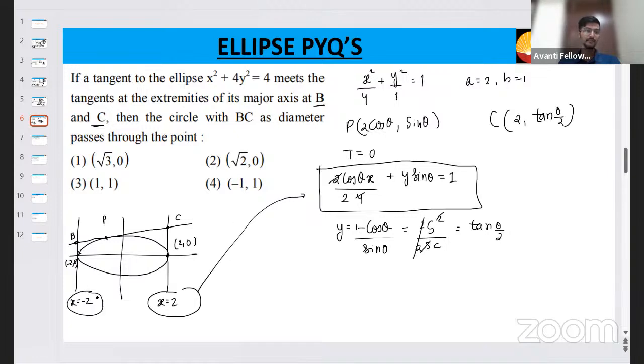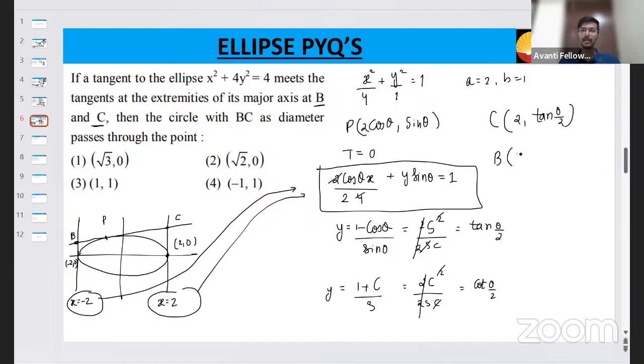Similarly, if we use x equals minus 2 here, we'll get minus cos theta, so (1 plus cos theta) by sine theta. 1 plus cos theta is 2 cos square theta by 2, upon 2 sine cos. 2 will get cancelled, one of the cos will get cancelled. We get cot theta by 2. So the coordinates of point B are minus 2 comma cot theta by 2.